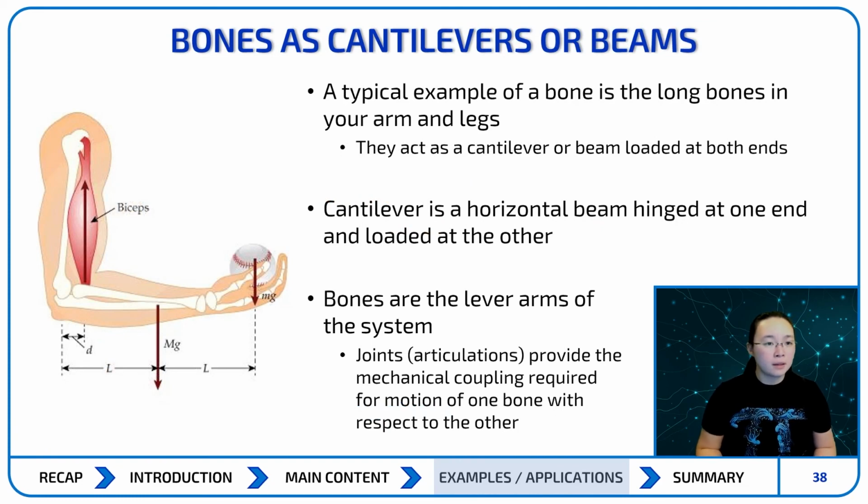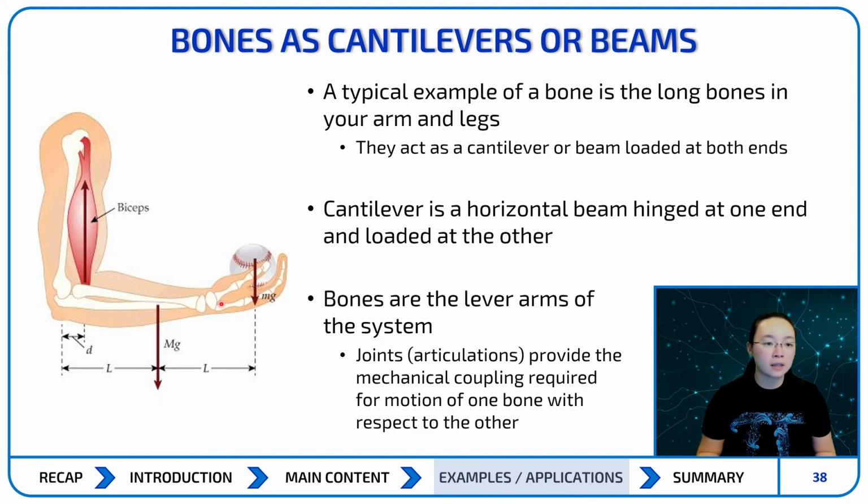Now, as physicists looking at bones, we try to model them as a cantilever or a beam. A typical example is the long bones in your arms and your legs. Taking a look at this diagram on the right, you have your long bone here and another long bone here.